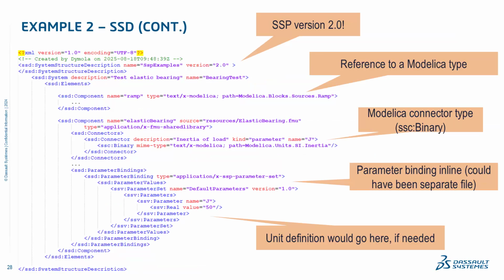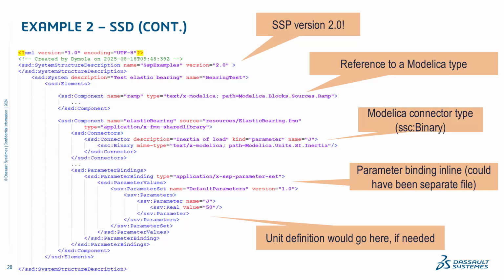So if we look at this Modelica component here, first we can see that the version has been bumped to 2.0, that is required. And it says that the component type is of type Modelica, and there is an additional argument which is the path to the Modelica component type. So the SSP file doesn't contain any Modelica code. It just contains references to Modelica.